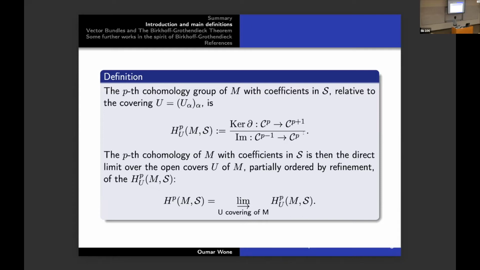Now, this cohomology group is related to the covering, and we now define the cohomology group of M with coefficients in S as the direct limit over the open coverings of M, partially ordered by refinement, which is this formula.